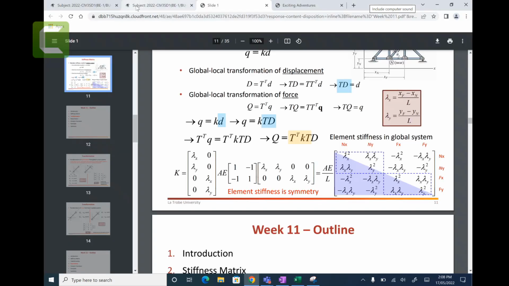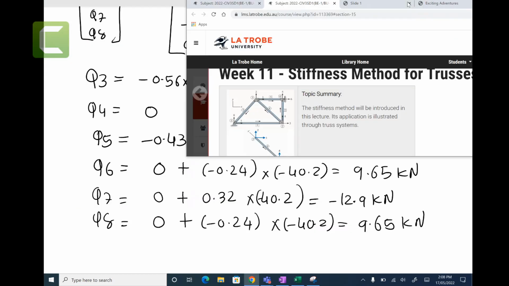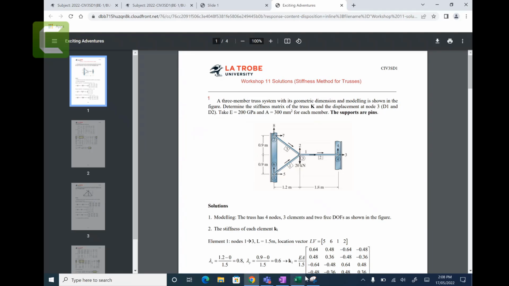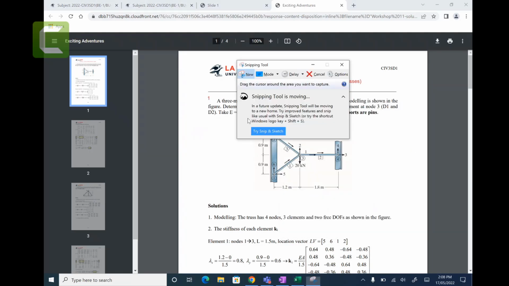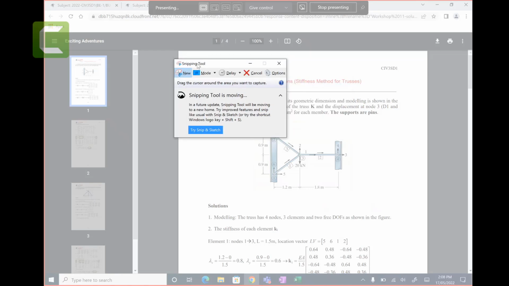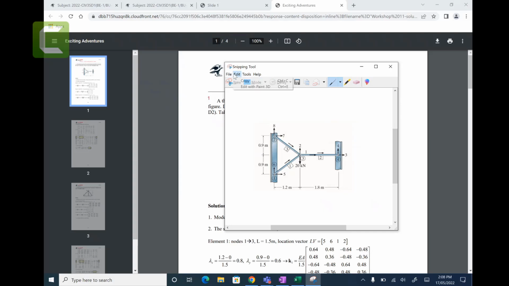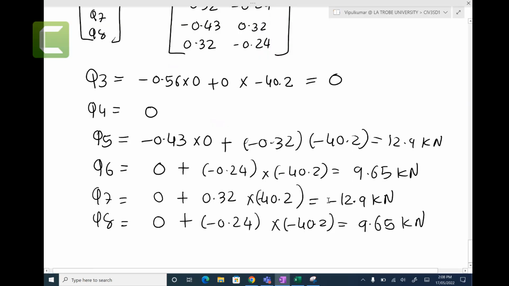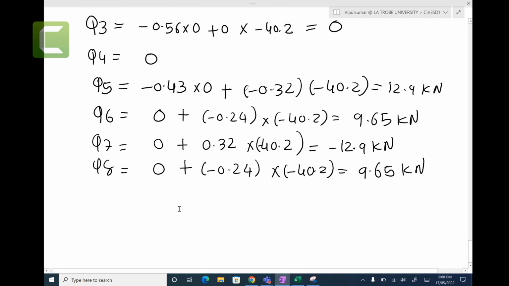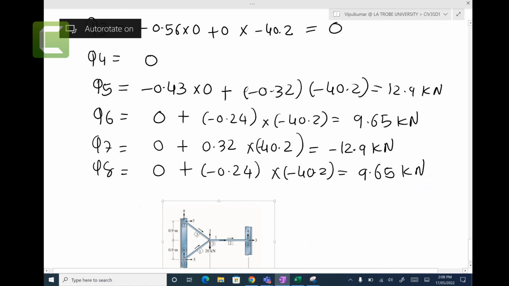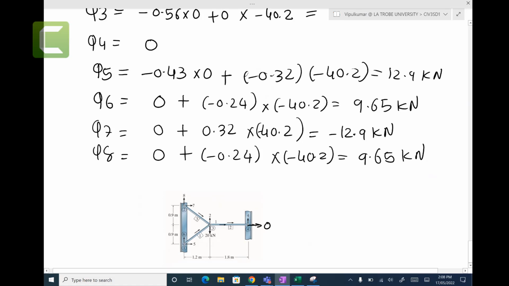So where is it? Okay, here. Let me copy this and paste it. So what does this indicate? At Q3, the reaction force here is 0.